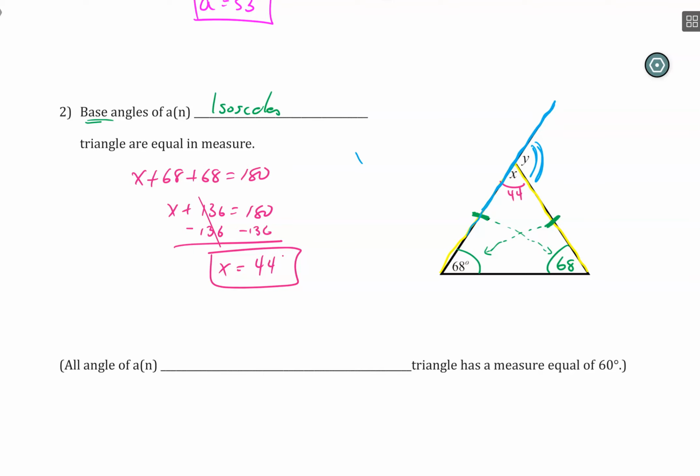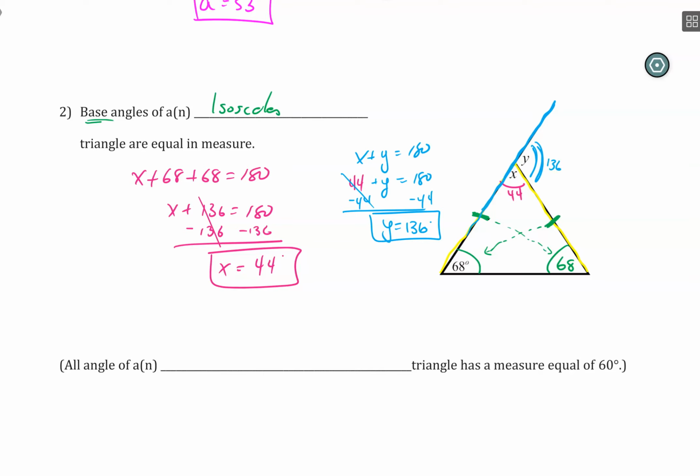So that means that x plus y is equal to 180 degrees. These are supplementary angles. So we just found x, we know that this is 44. We're looking for y, so I'm going to keep that as y. All equals 180. So if I subtract the 44 from both sides, I get y is equal to 136 degrees. And now that's what we have for this one.